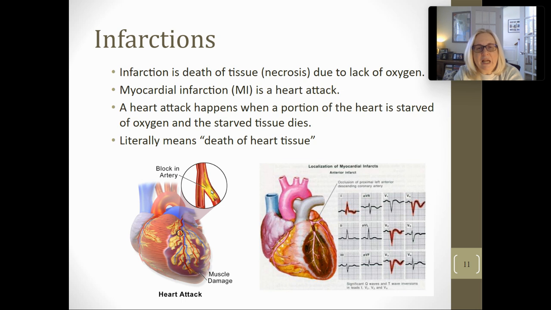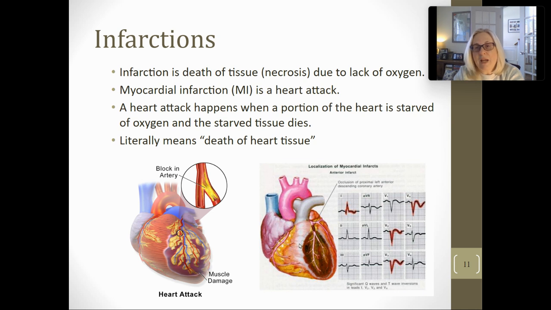Now, with ischemia, there was some sort of blockage there to begin with, but it wasn't big enough to completely stop the blood flow. In an infarction, it's usually 99 to 100% blocked in this area, and that means everything below it, all this area down here, is not receiving oxygen. Okay? So this part of the heart muscle will die.